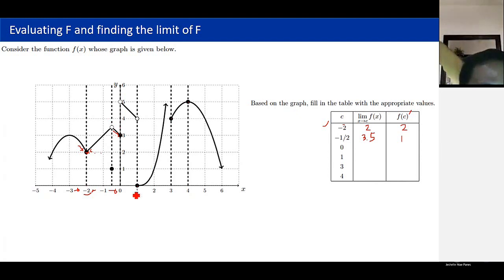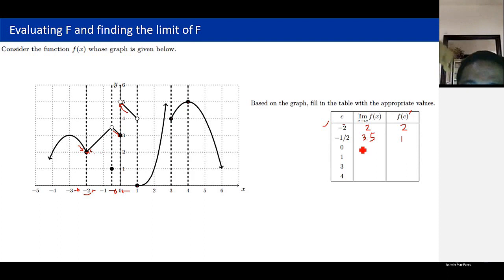Sa right naman ng 0, wala tayong makita graph except this one. Papunta siya doon. So, the limit of f of x as x goes to 0 from the right is 5. Since ang sa left ay 3, ang sa right ay 5, hindi pareho, then yung theorem natin nagsasabi na the limit does not exist.